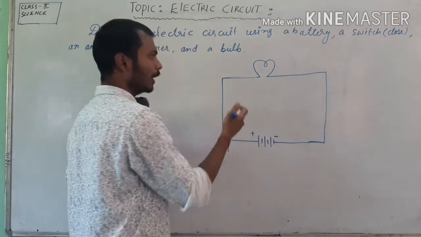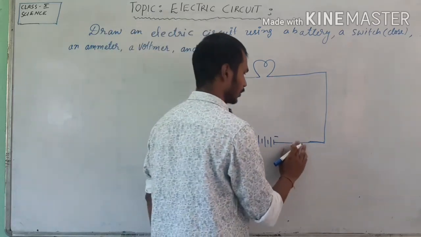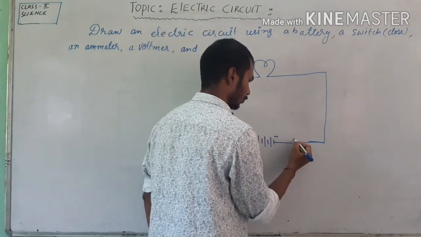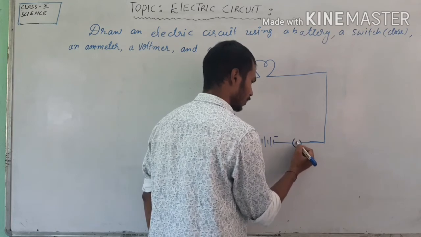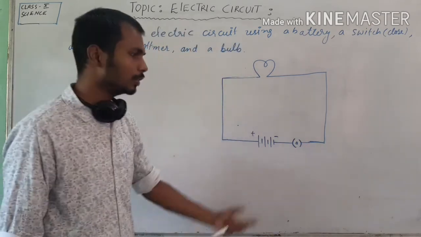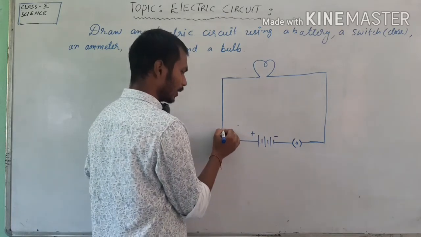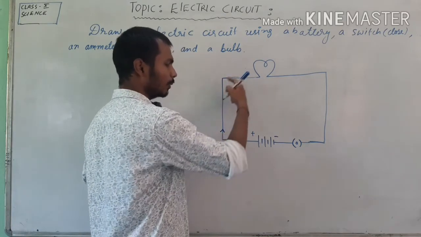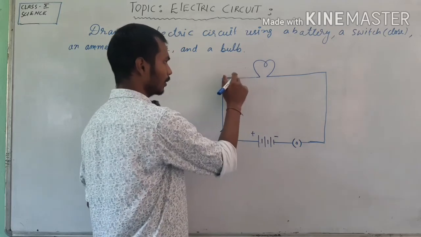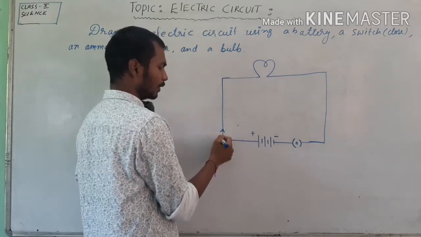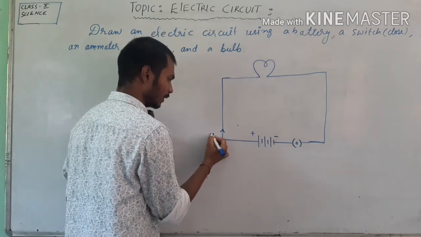Now we have to install one switch. We can place one switch at this point, and the switch is closed. Now current is flowing from the positive of the battery to the negative of the battery in this direction, so we can write this arrow as the current.